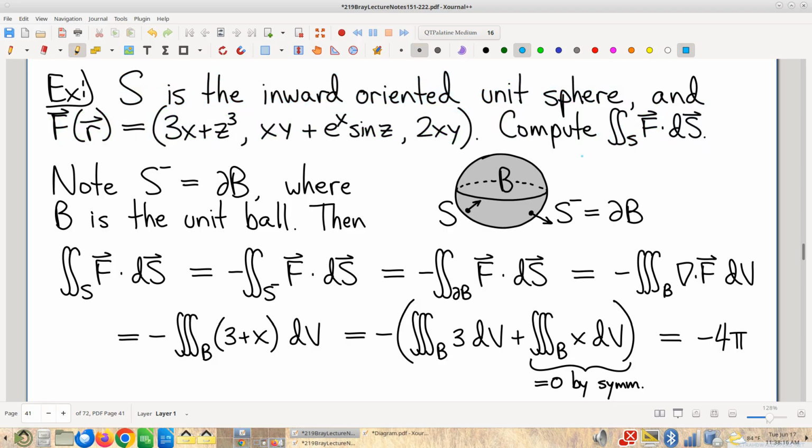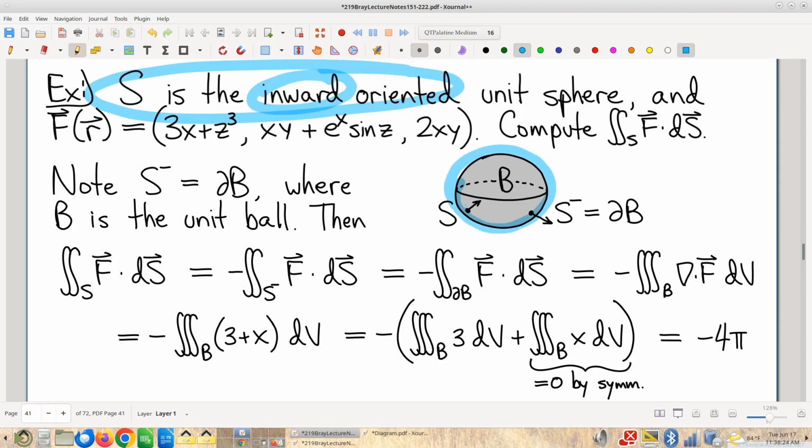Okay, well, so let's see here. Our surface, S, is the inward-oriented unit sphere. So here's our surface. Is that a boundary? No. Tragically, not a boundary. Boundary is a delicate and finicky word. Boundary means oriented according to the convention. This is not. That is not a boundary.